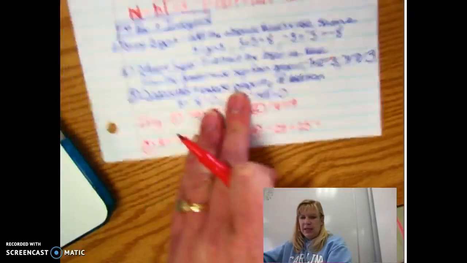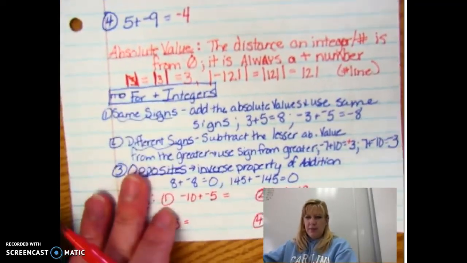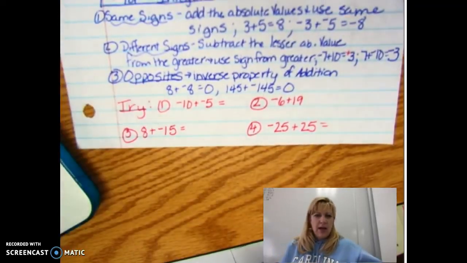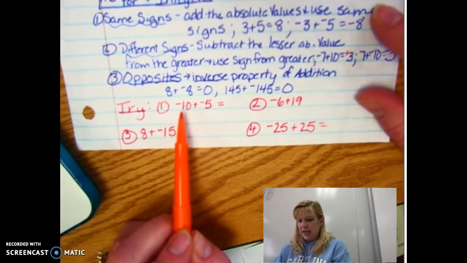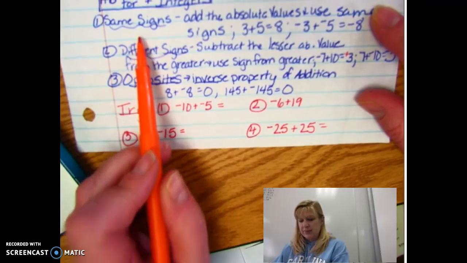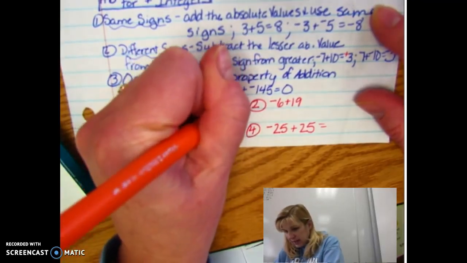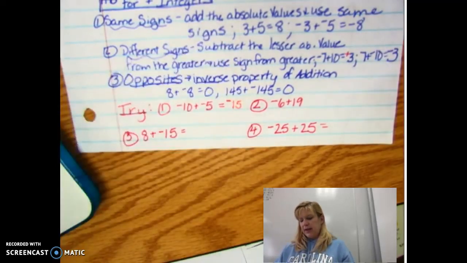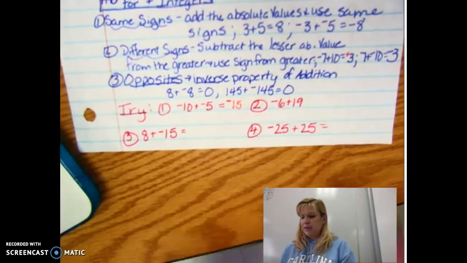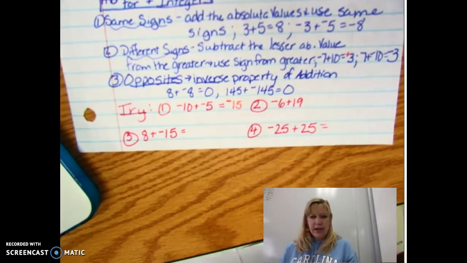All right, I'm going to talk you through these so that you hear my explanation. The first one is negative 10 plus negative 5. I have the same sign, so I know it's a 15, and it's with a negative sign, so I need to put a little negative guy right there. Ooh, different signs. If their signs are different, it means I need to subtract.